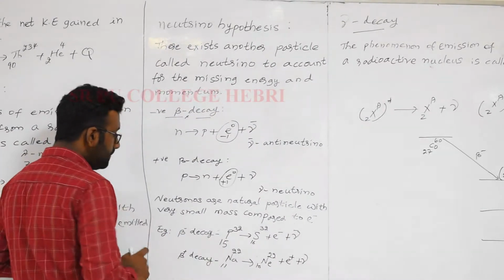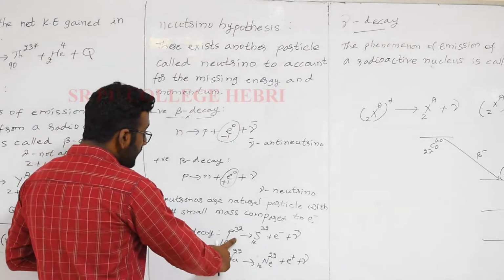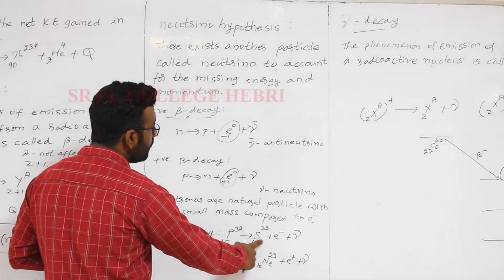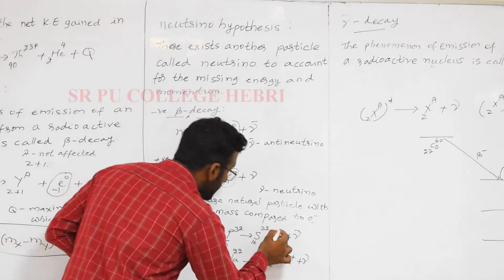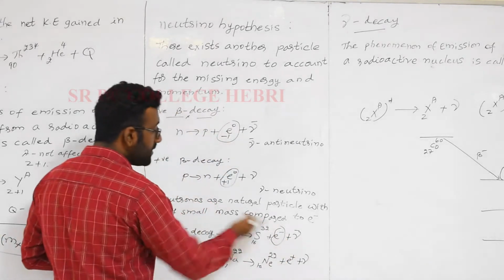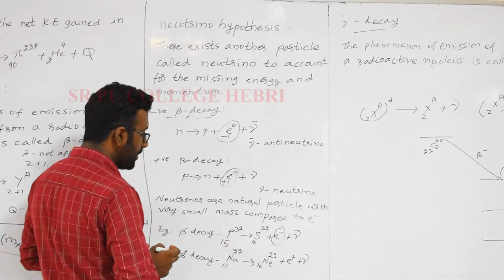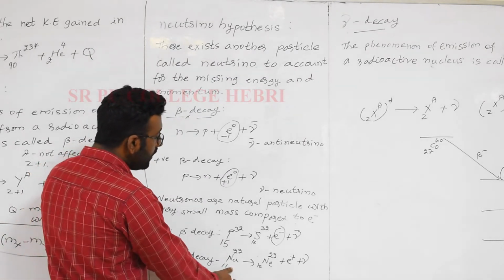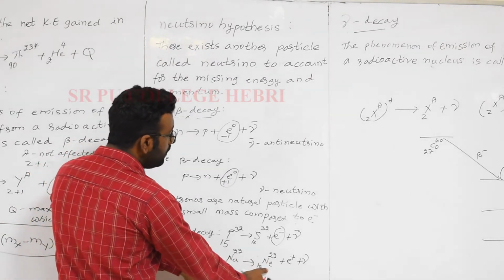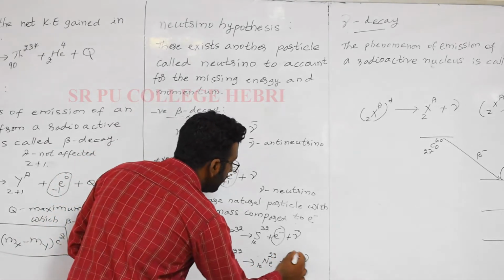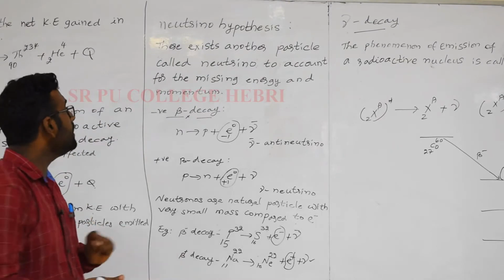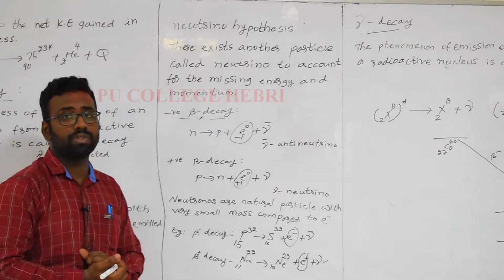You can see here, phosphorus converts into sulfur with the liberation of a negative beta, that is an electron, and an antineutrino. Similarly, for a positive beta decay, sodium gets converted into neon with a positron and a neutrino. Okay, so this is the beta decay process.